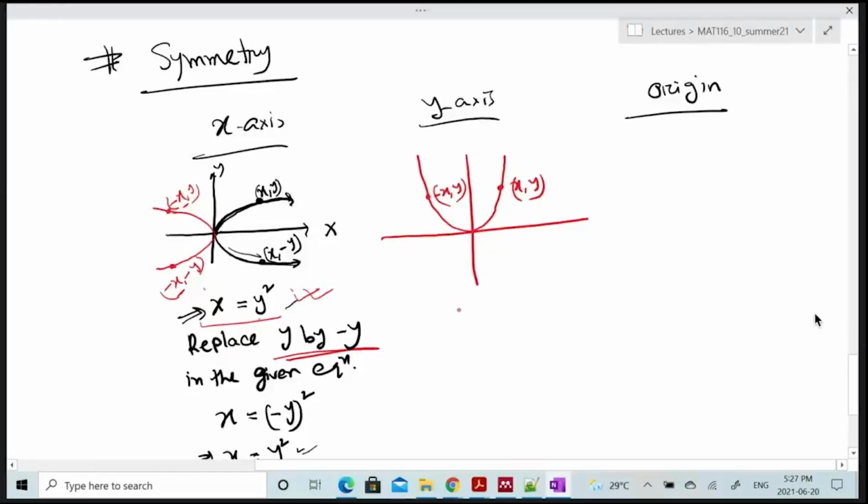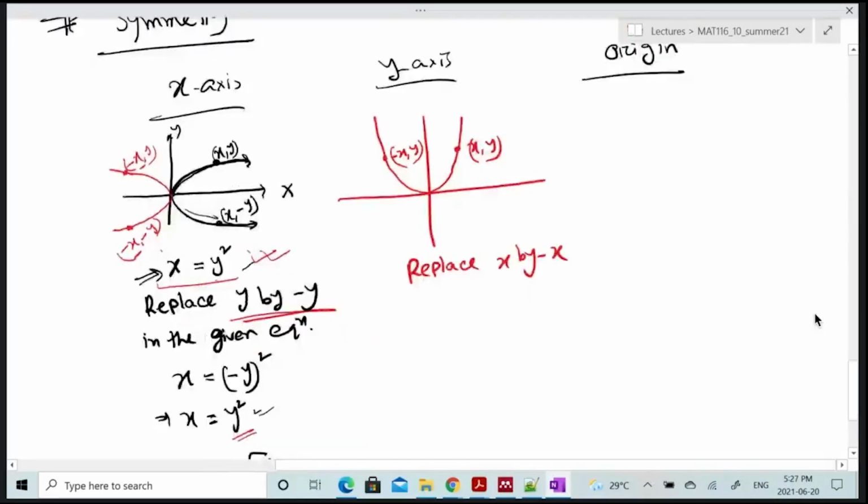So we replace x by minus x. For example, if we get the same problem, x equal to y square, and you want to check the y-axis symmetry, it's going to be minus x equal to y square, which is x equal to minus y square, and that's not the same as the given equation. So we can say this equation x equal to y square is not symmetric about the y-axis.